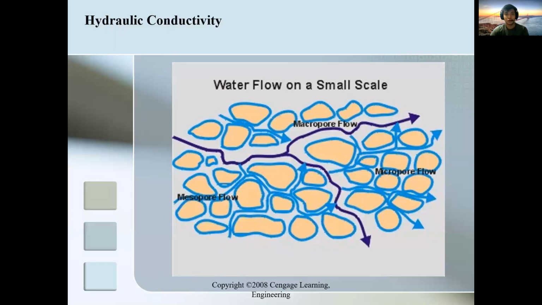Especially if you're going to deal with the hydrology topic, the hydrologic cycle. After precipitation, the water infiltrates your soil, seeps in, then goes back to the ocean. So that is the movement of water in your soil specimen.